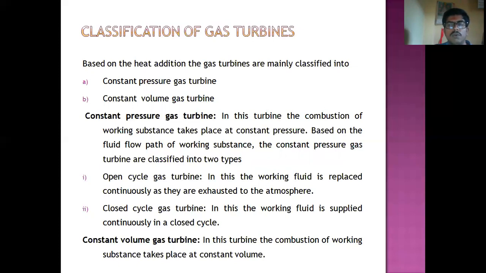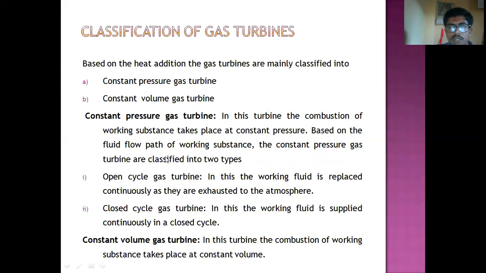Based on the flow path of the working fluid, the constant pressure gas turbine can be classified into two types: the open cycle gas turbine and the closed cycle gas turbine. In the slide, you can go through the open cycle gas turbine and the closed cycle gas turbine. What do you mean by an open cycle gas turbine?